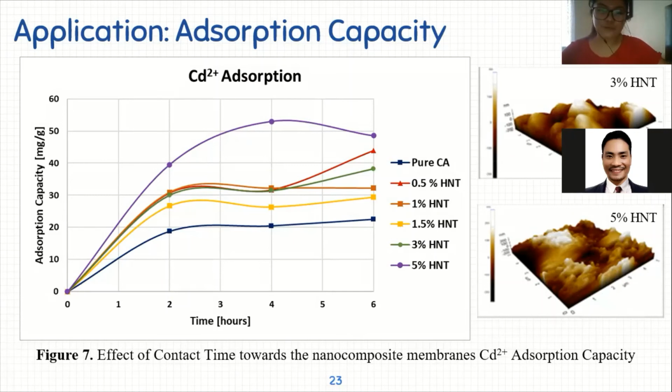Because if we look at a bigger valley and we have entrapped fluid there, the bigger the valley, the more fluid trapped there is. And if there are more peaks and valleys within that bigger valley, then there's more fluid that can be retained. That increases our retention time. If we increase our retention time, we give the cadmium ions more time to adhere better to the surface of the membrane.